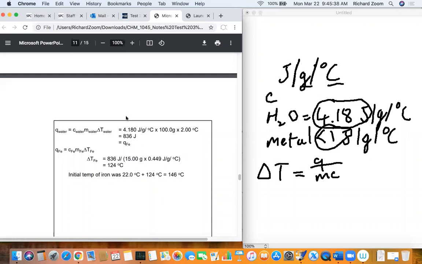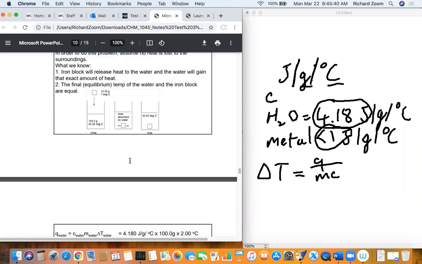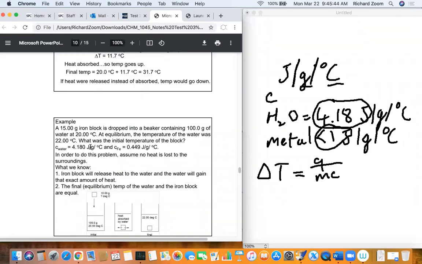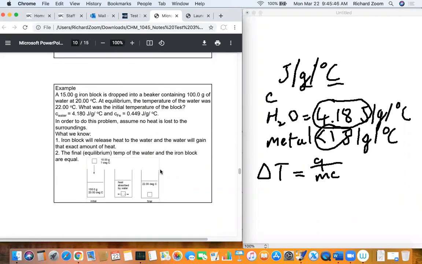Now, what this means is we know that at equilibrium, it was 22.00 degrees Celsius. That means that at the point of equilibrium, the temperature of the water was 22.00 degrees, but so was the temperature of the iron. So this would be the final temperature of the iron. What we need to do, though, is figure out the initial temperature of the block.